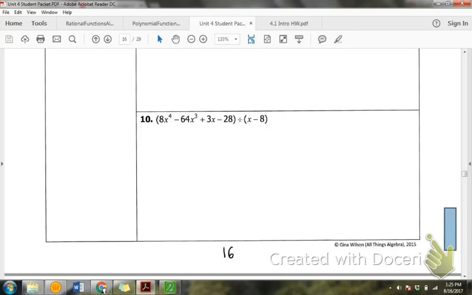Okay, so I have my x minus 8, 8x to the 4th minus 64x cubed plus 0x squared plus 3x minus 28.